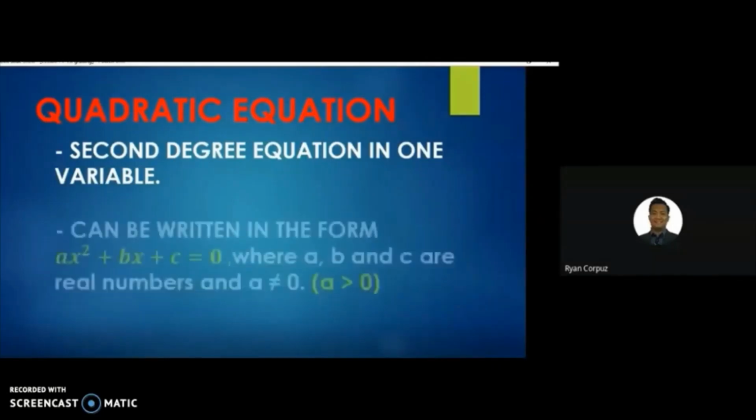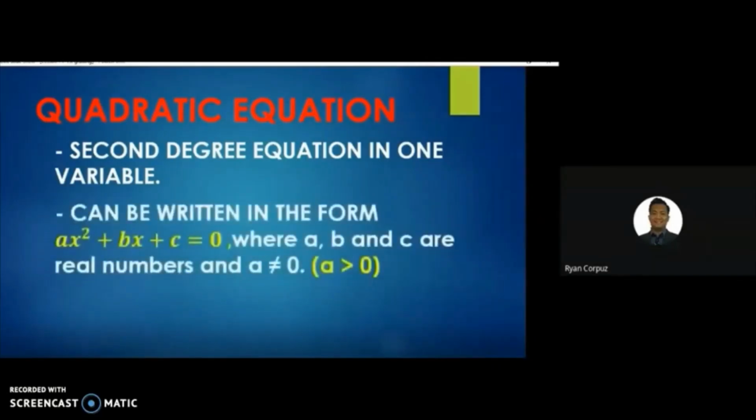So again, the first definition of quadratic equation is that it is a second degree equation in one variable. A quadratic equation is an equation that can be written in the form ax squared plus bx plus c is equal to 0, wherein a, b, and c are real numbers and a must not be equal to 0. The reason why a should not be equal to 0 is because if a is 0, that equation will not be called a quadratic equation anymore.